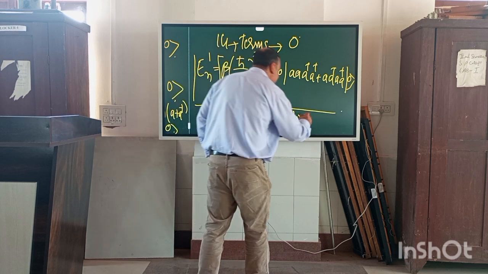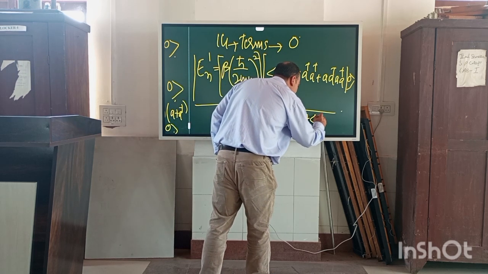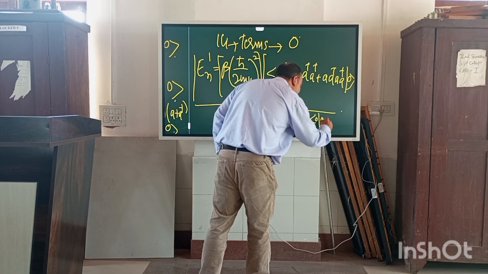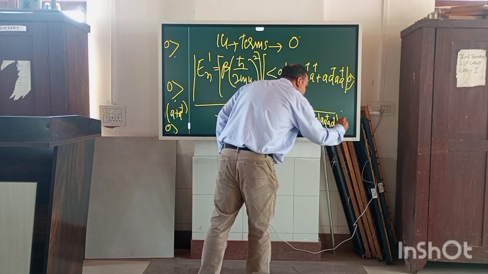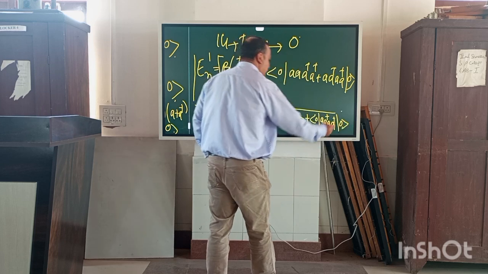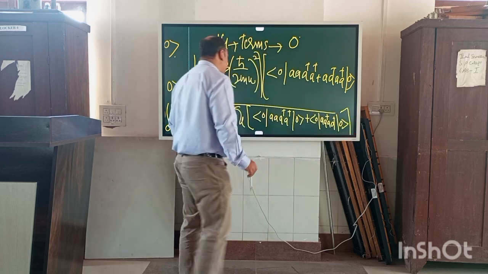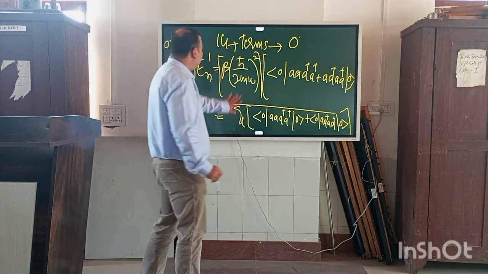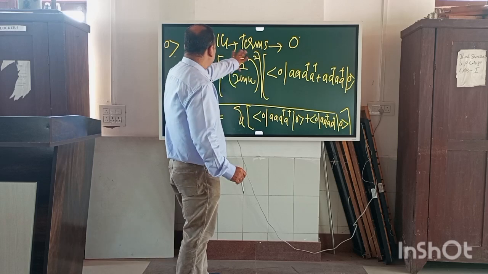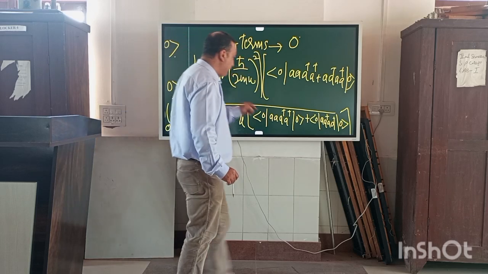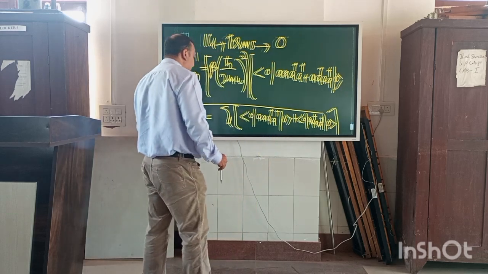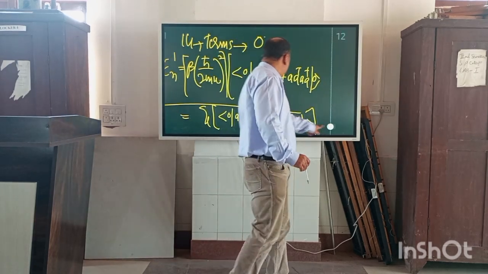So this will be one term. Then I will have a dagger, and then I will have 0. So this is what I have to calculate now. This zeta is being replaced by the whole set of constants that are in this bracket. So let's proceed from here.